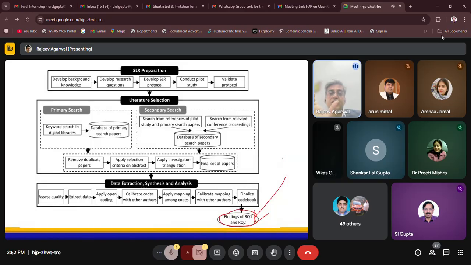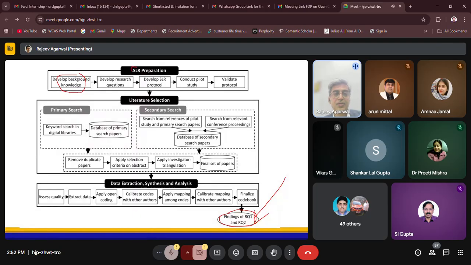You know this is the area, but how are you going to conduct the literature review? For conducting a literature review, having a research question is very important. So you need to first develop it.